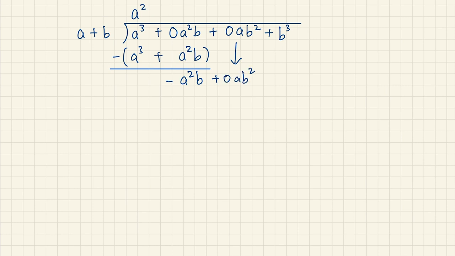Next, in order for me to remove this negative a²b, I will need to subtract a negative a²b. So in my quotient, I'm going to put in minus ab. This negative ab times a is going to give me negative a²b, and that's all good.